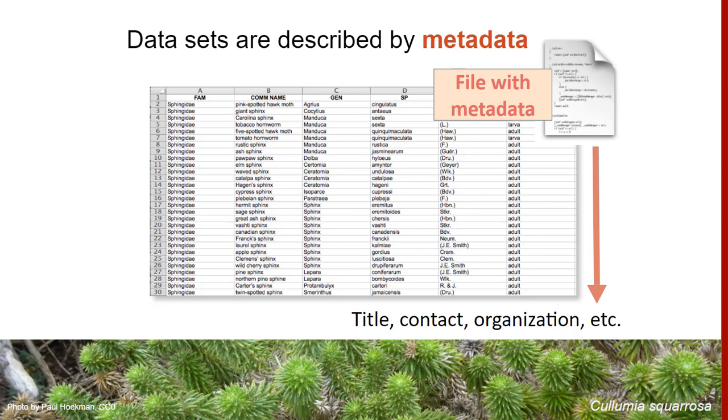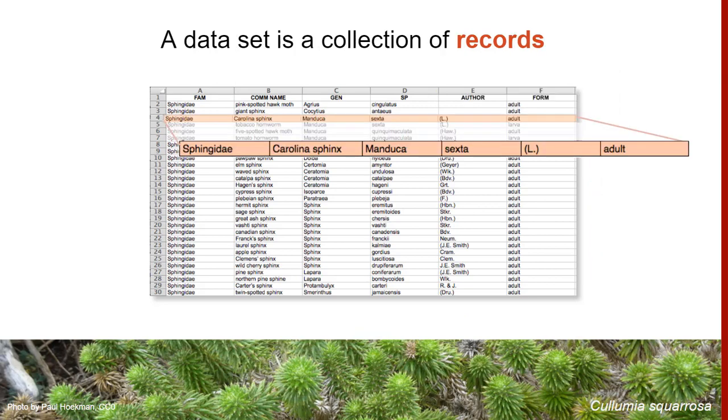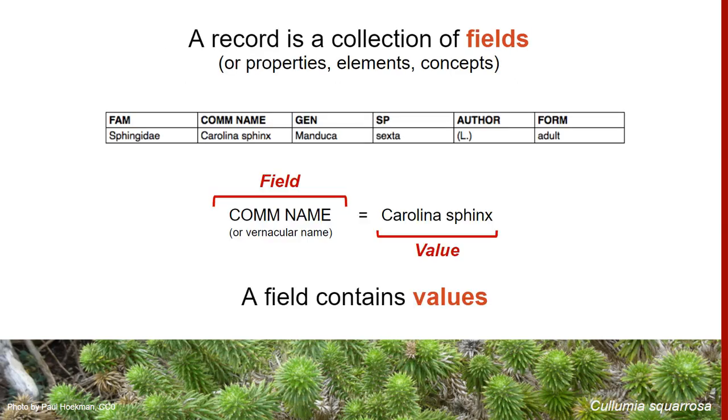What is the title, what is the organization that produces the data, etc. Within the dataset, we have a collection of records. That is, each row corresponds to a particular record. And within those records, we have fields. In other words, a record is a collection of fields or properties, and within each field, we find values for those properties.